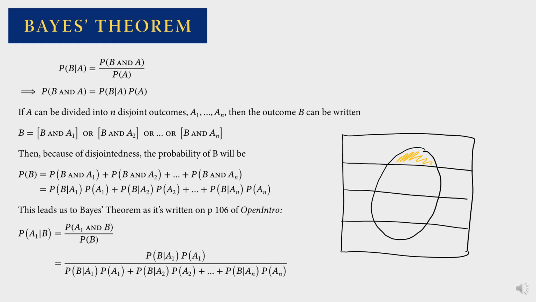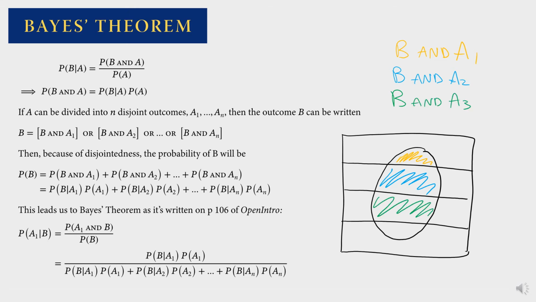B and A1, B and A2, B and A3, B and A4. Because these sets are disjoint, the probability of B can be written like this.